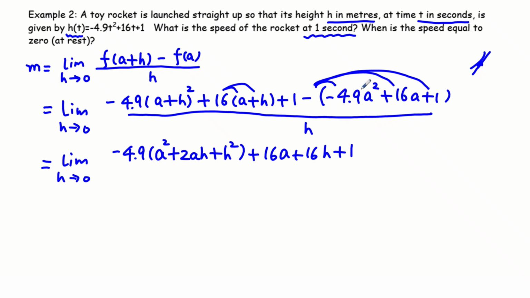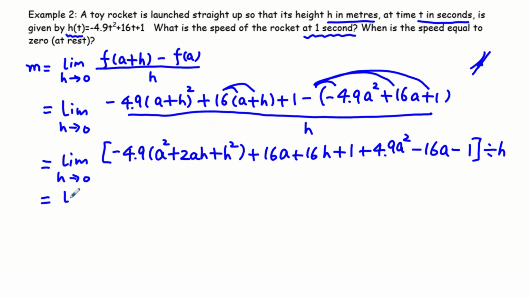So minus 4.9, negative becomes positive 4.9. Negative 1 times 16 is negative 16, opposite sign. Negative 1 times 1 is minus 1. And we just use a squared bracket divided by h to save space.